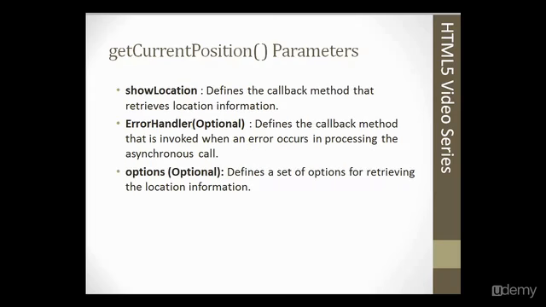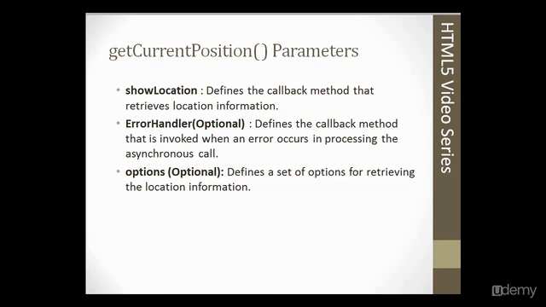Okay, so like I said in the last slide, the getCurrentPosition method gets 3 parameters, and first is the required parameter of showLocation. This is a handler method that gets called if the position is obtained successfully, and this method is specified by the success callback parameter, which I'll display in the programming part of this section.